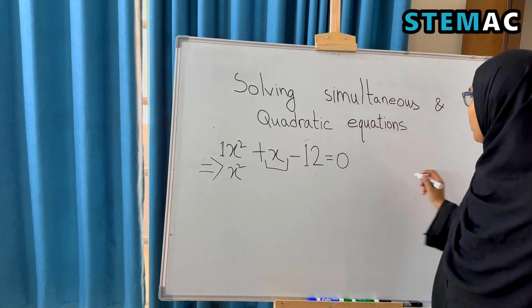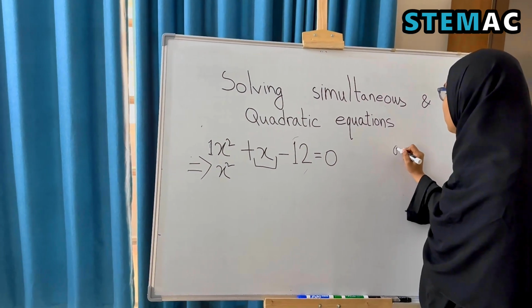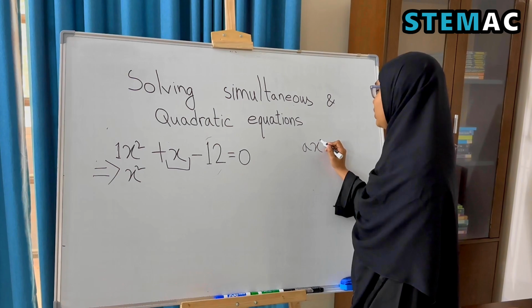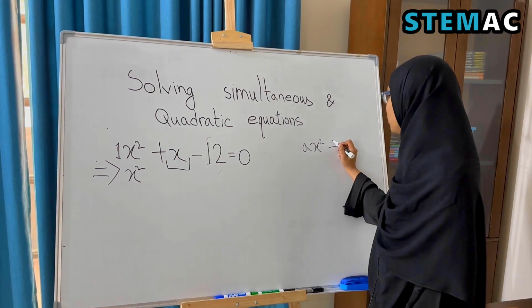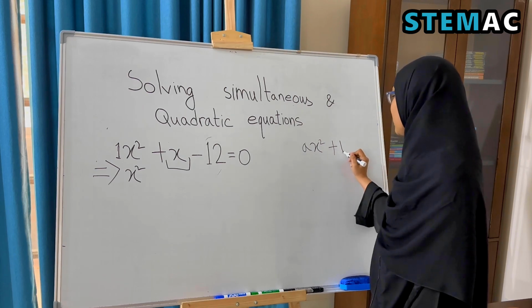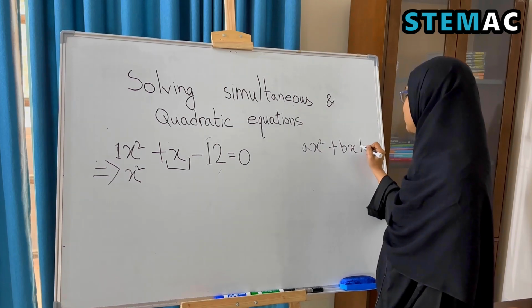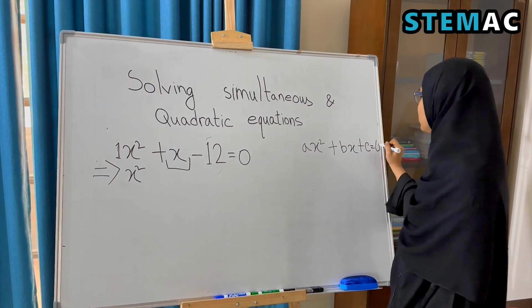So for easy understanding, we can write the quadratic equation in a generalized form too, and that would be ax square plus bx plus c equals 0.